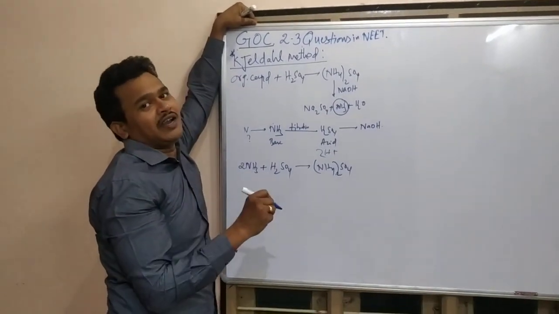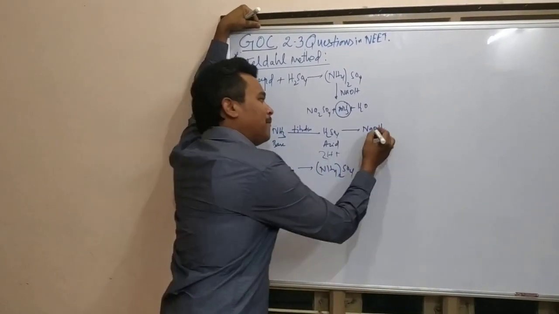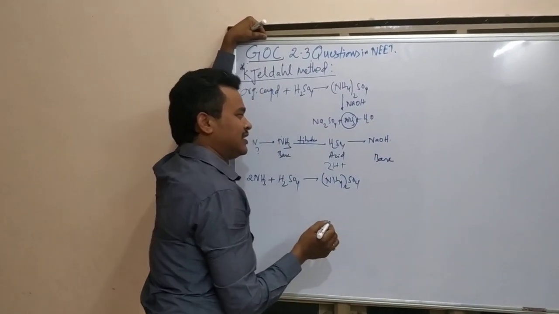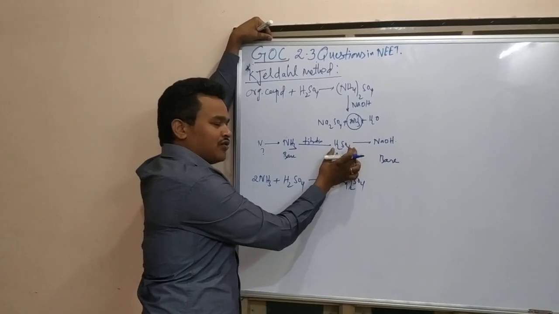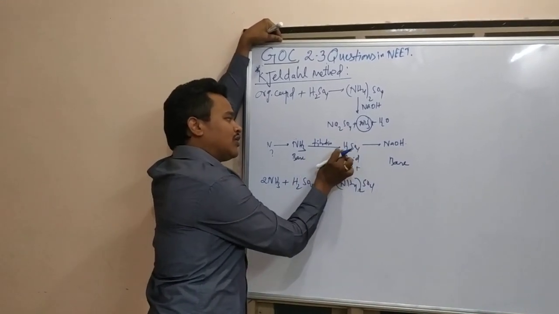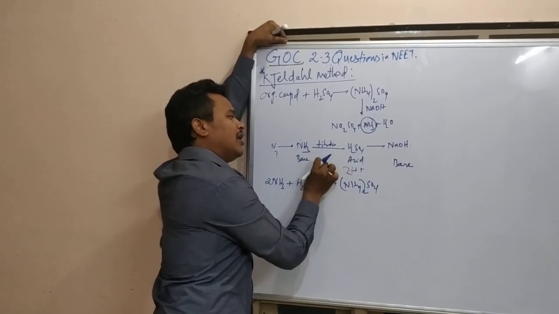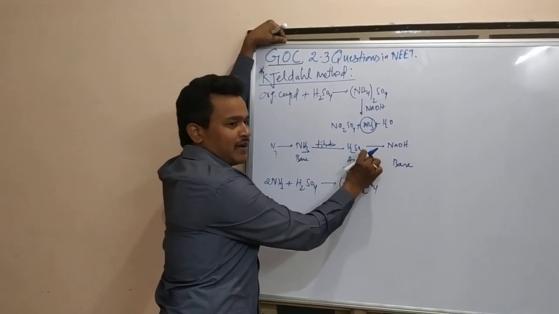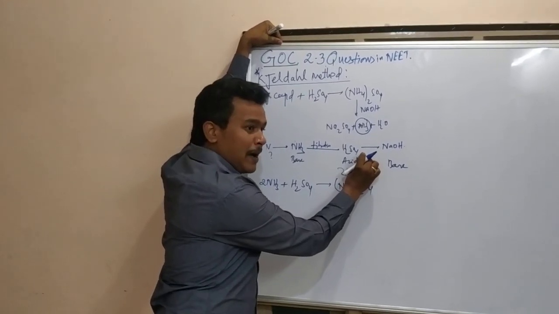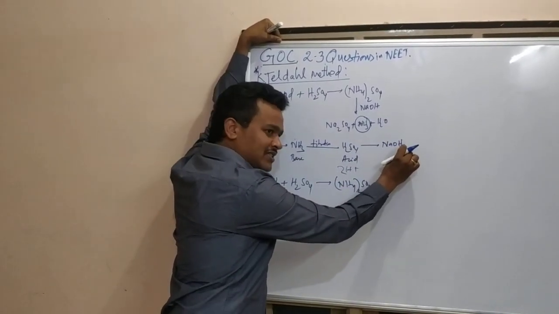How can I calculate it? By using another base. For example, 100 moles of H2SO4 I am taking. Of this 100 moles, 50 moles are going to titrate with ammonia. The other 50 remains. How can I identify that? By using another base.